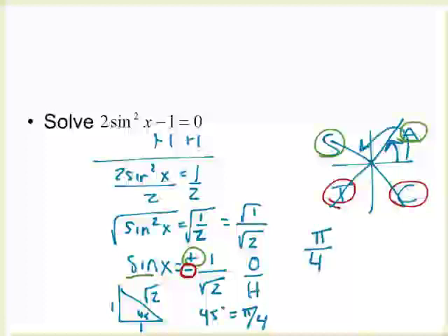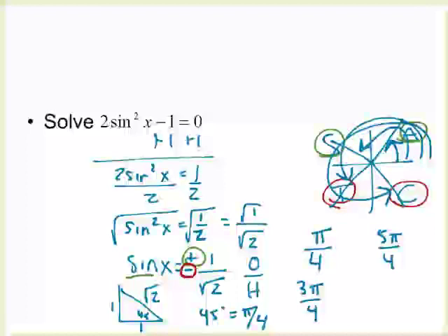In the second quadrant, 3 pi over 4. 4 pi over 4 would be the halfway, so if I go on to that third quadrant, I would get 5 pi over 4. If I go around to that fourth quadrant, what would I get? 7 pi over 4, because a full circle would be 2 pi or 8 pi over 4, and we're stopping 1 short of that full circle, so we're stopping at 7 pi over 4.